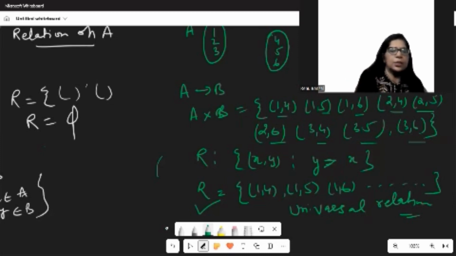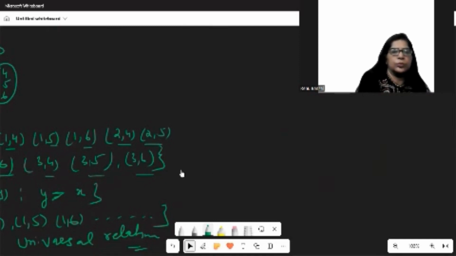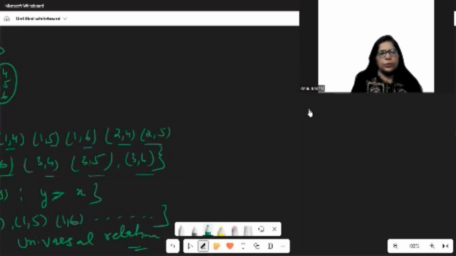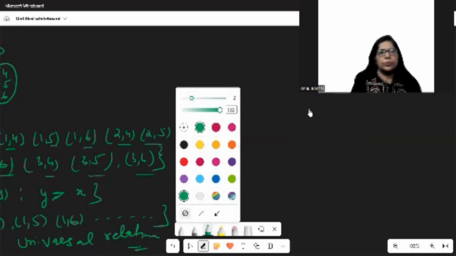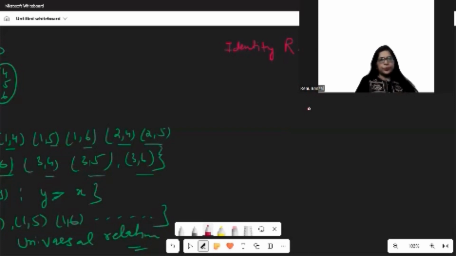Next, move to next type of relation, that is identity relation. Third type is the identity relation. अब ये क्या है बच्चा आइडेंटिटी रिलेशन.